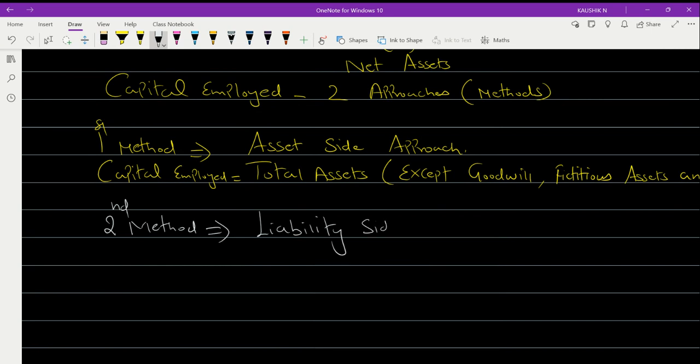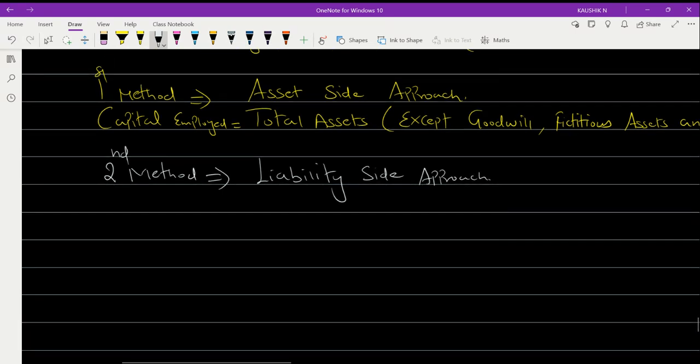The second method we call the liability side approach. So, according to this liability side approach, what is the formula that we need to use? Let's see here.